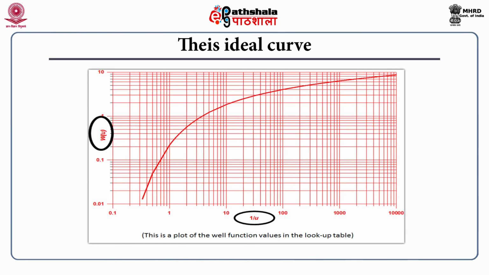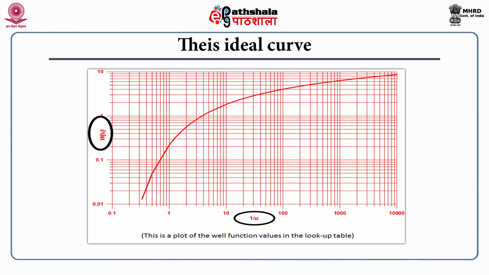Now, this well function W and the auxiliary function u, that is the type curve. So, the data curve is the curve which we obtained from the field, and the type curve is already available, that is the relationship between the well function and the auxiliary function.